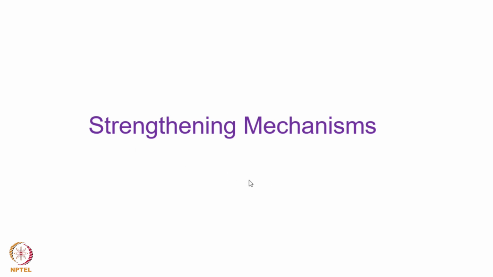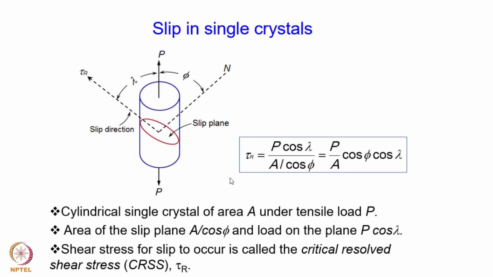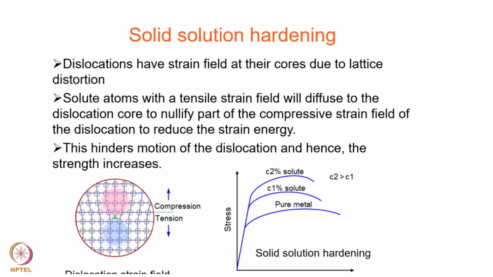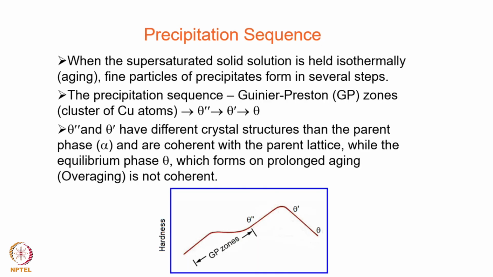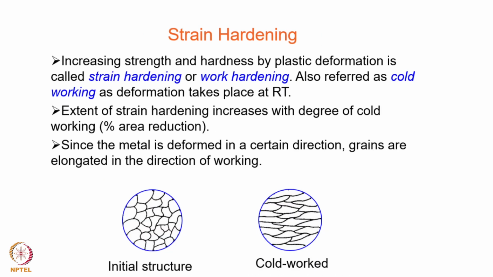In the general term, if you want to define that particular mechanism which comes through deformation, that can be defined by this name, strain hardening. Okay, which means you strain the material or deform the material, and through that you harden it.